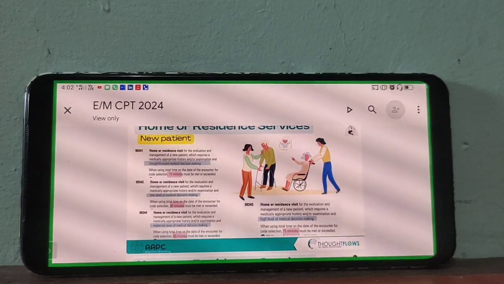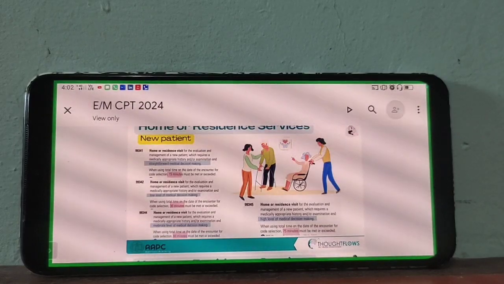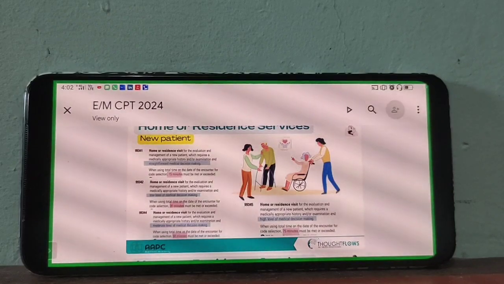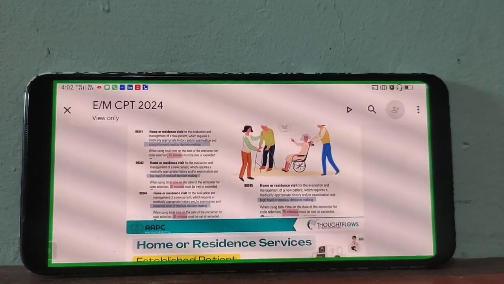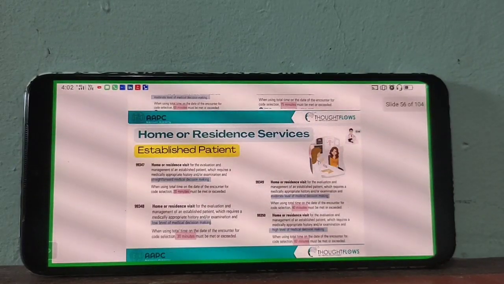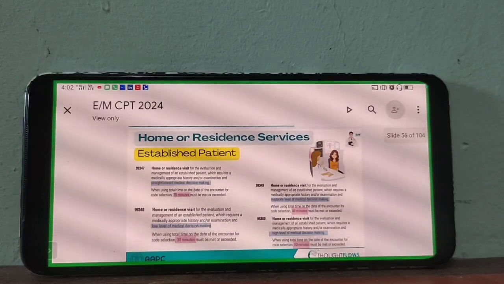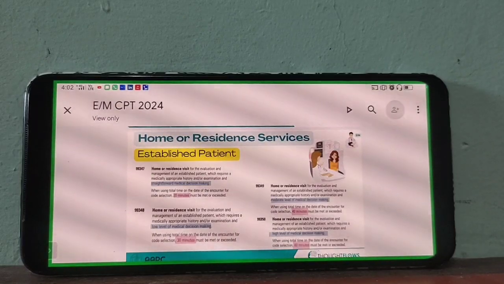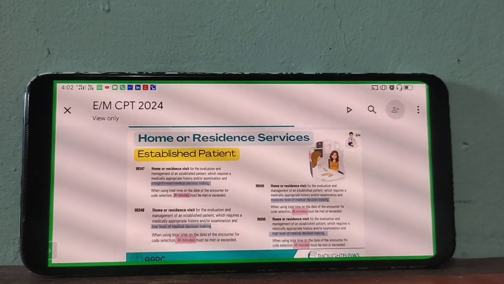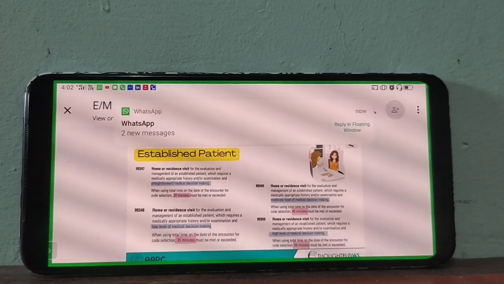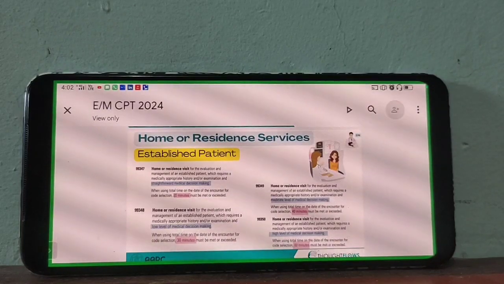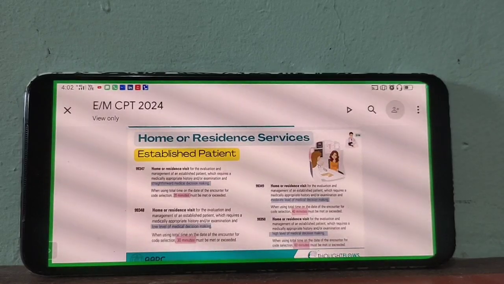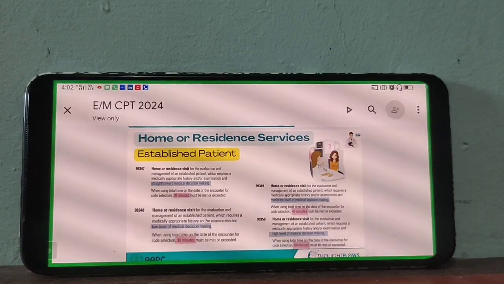And for high MDM, 75 minutes of service, 99345. The following is the code section for established patient: straightforward MDM, 20 minutes, 99347; low MDM, 30 minutes, 99348; moderate MDM, 40 minutes, 99349; and for high MDM, 60 minutes, 99350.